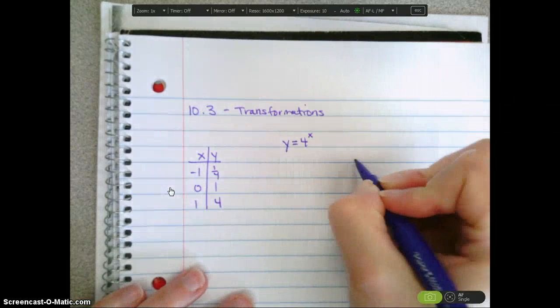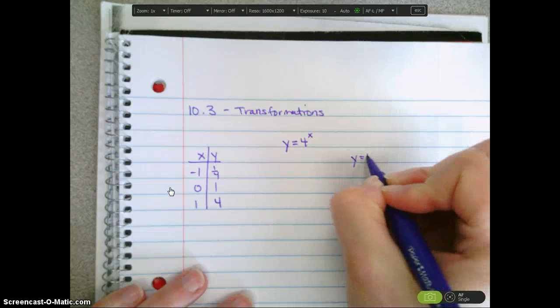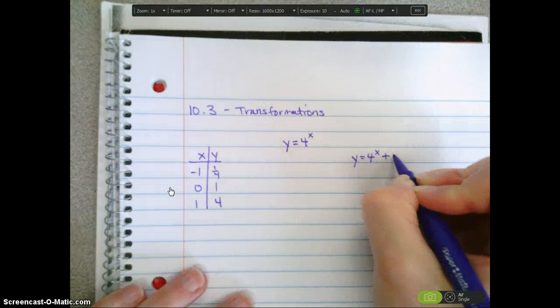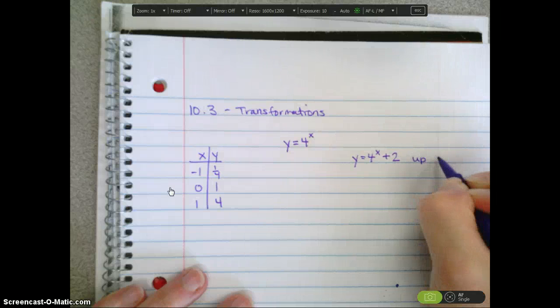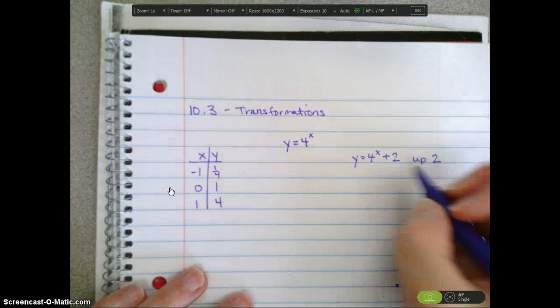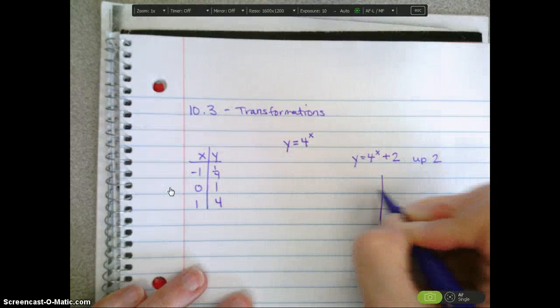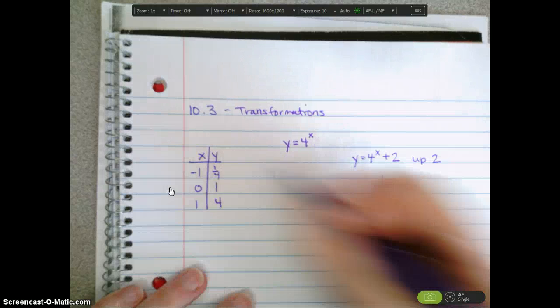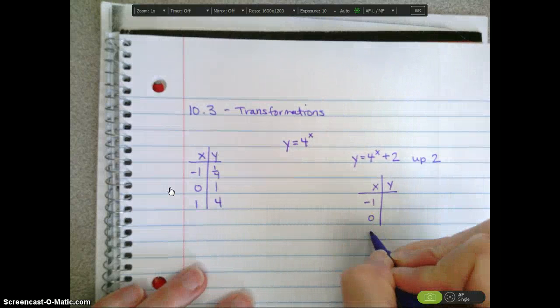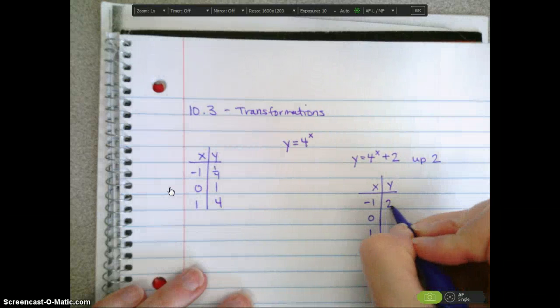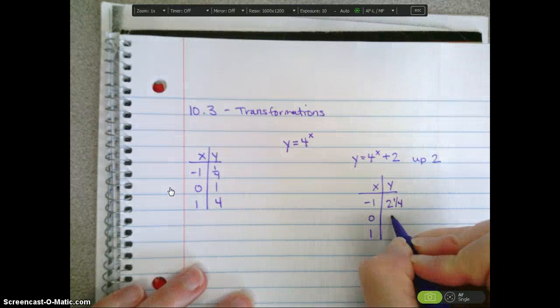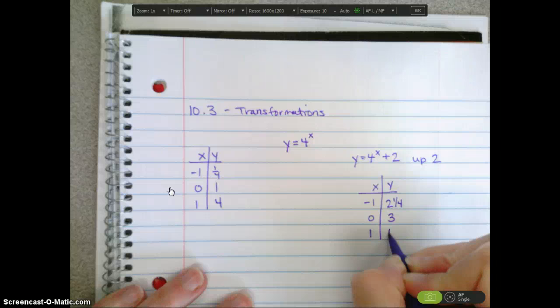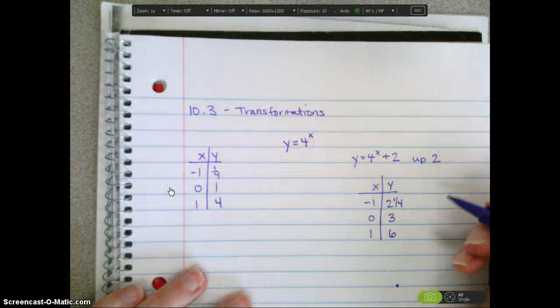So if I said, okay, let's make this y equals 4^x plus 2, well, that would make us shift up 2. And all that did to our table was take our y values and change them by 2. Up 2, up 2, up 2. And it would shift our entire graph up 2.